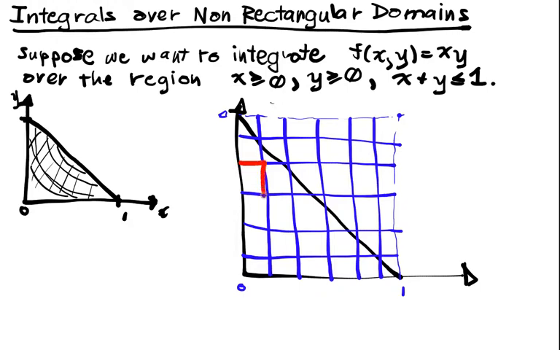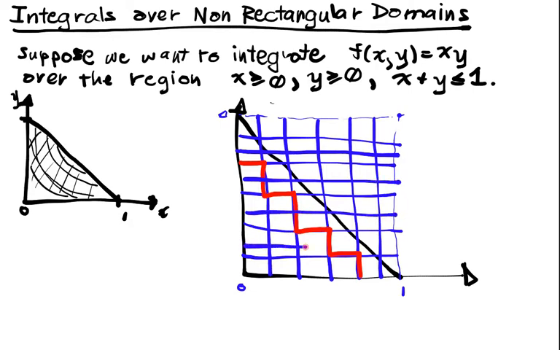So I'm just going to do the Riemann sum where I include only these values, only these guys, right? And as I increase the size of the partition, that is, I refine the partition, I'm going to include more and more of the region in question.